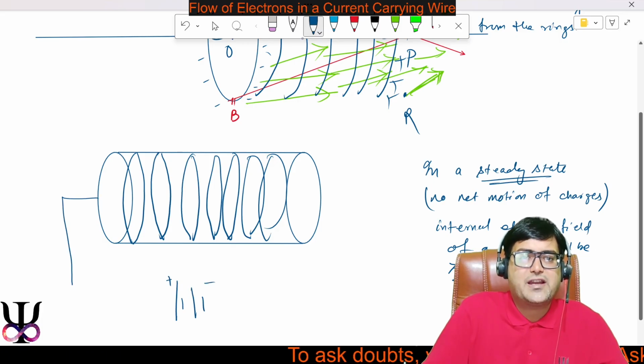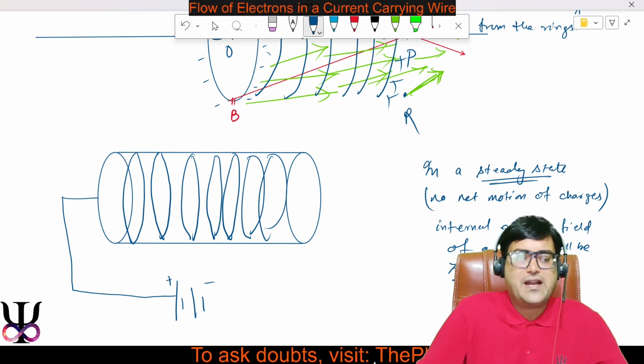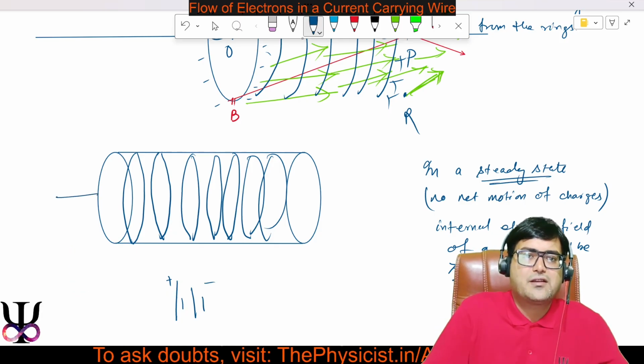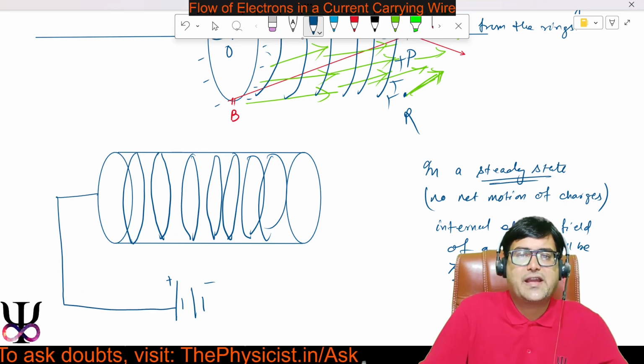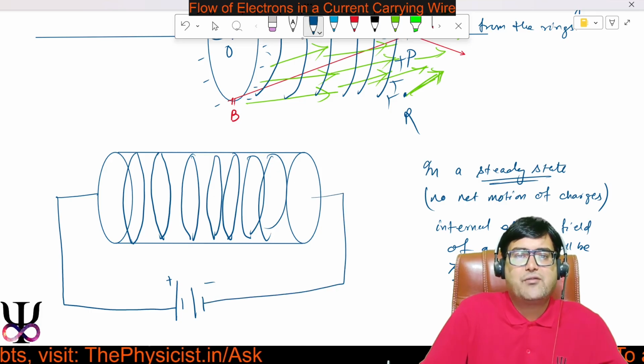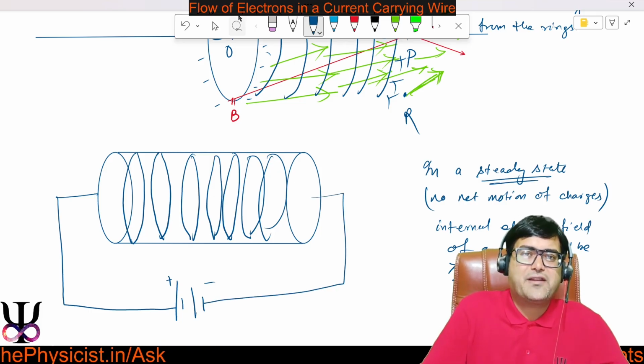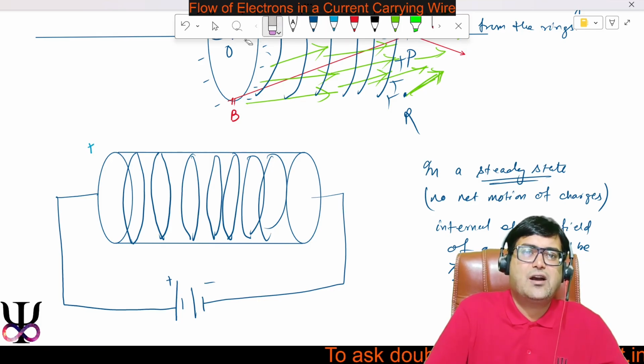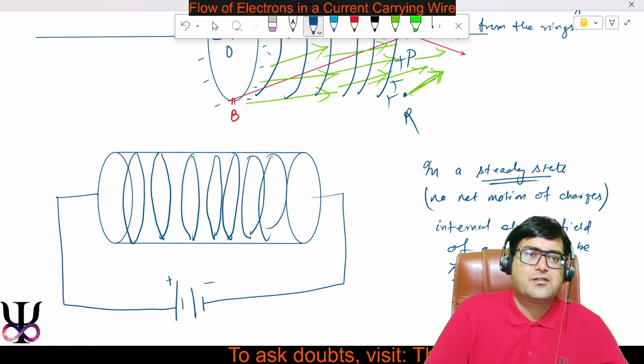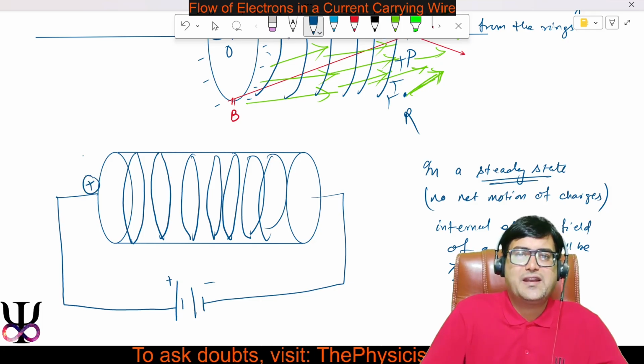The moment when I connect this battery like this to my wire, what happens? The battery creates a positive end on the left, right? And a negative end on the right.